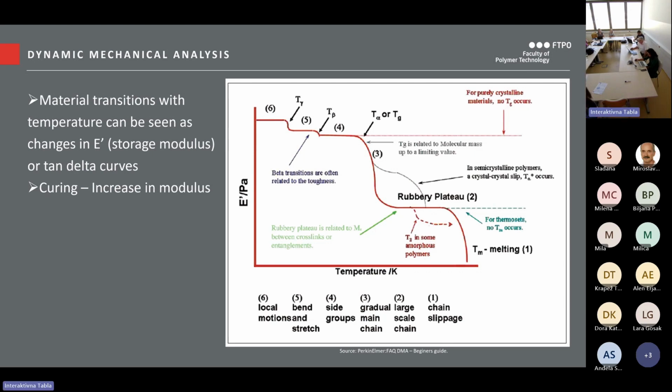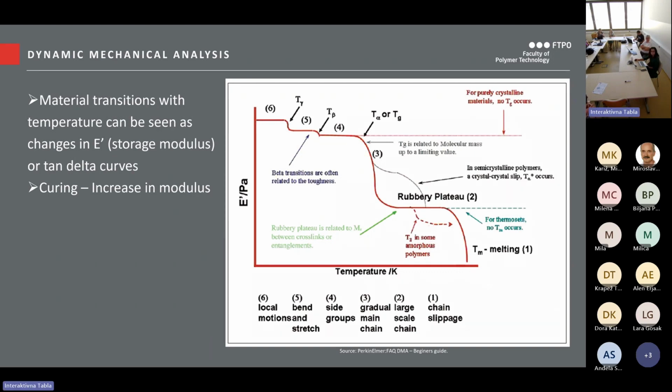If we increase the temperature on molecular level, we come to local motions, and further on, after the gamma transition, we on the molecular level start seeing some bending, stretching. Further on, moving up over some beta transition, we come up to mobility of the side groups. Then we have Tg.